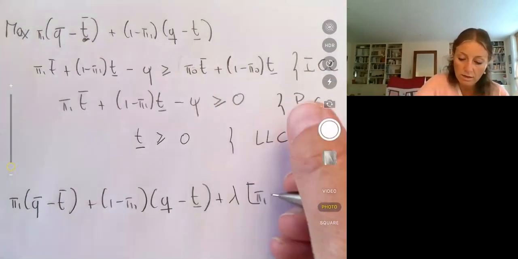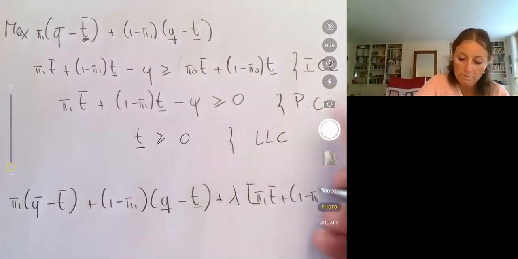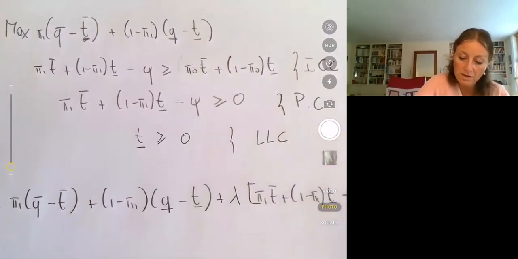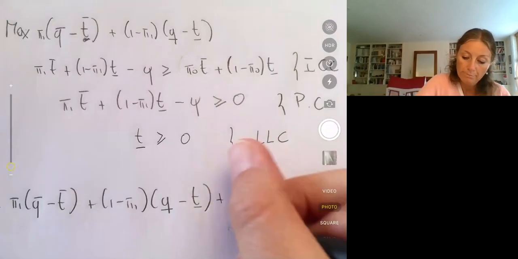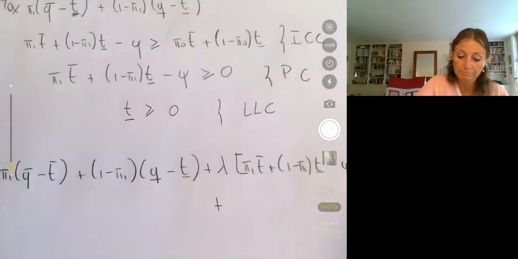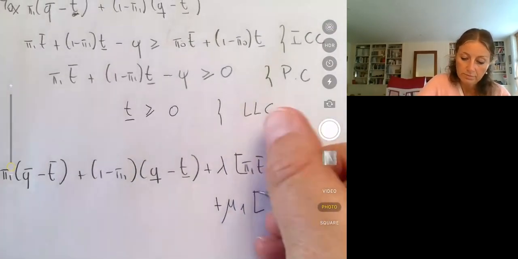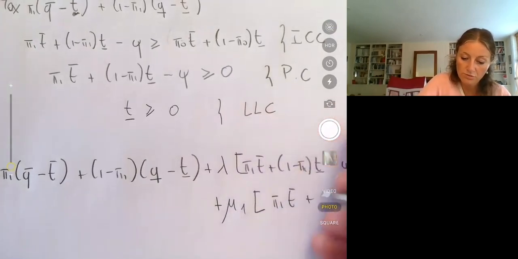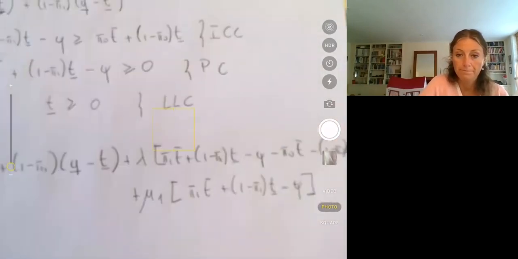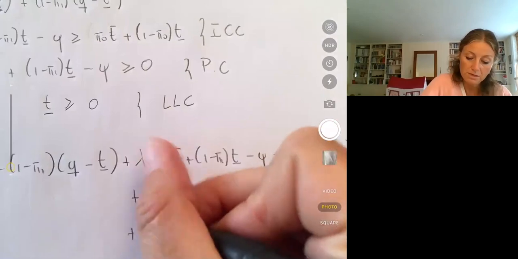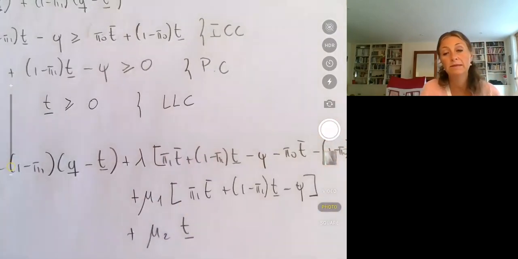So lambda times pi 1 T upper bar plus 1 minus pi 1 T lower bar minus psi, minus pi naught T upper bar minus 1 minus pi naught T lower bar, plus mu1 times the participation constraint, plus mu2 times the limited liability constraint.